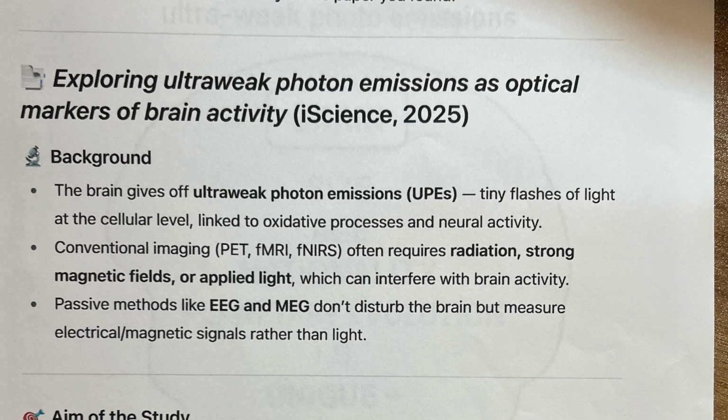And what they're saying is that the brain gives off an ultra-weak photon emission called a UPE, and that tiny flashes of light at the cellular level are linked to oxidative processes and neuroactivity, and that conventional imaging like PET, fMRI, fNIRS often require radiation, strong magnetic fields, or applied light, which can interfere with brain activity, but that passive methods like EEG and MEG don't disturb the brain, but they measure the electrical and magnetic signals rather than light.